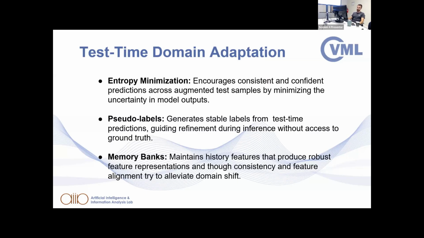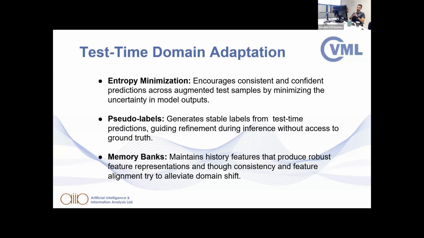Entropy minimization is taking the logits of the model and trying to increase the confidence of the model by simple entropy minimization. Then we have pseudo labels, which take the output of the model and consider it as ground truth.